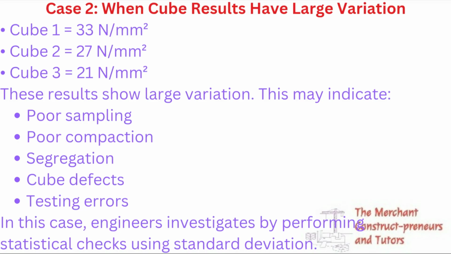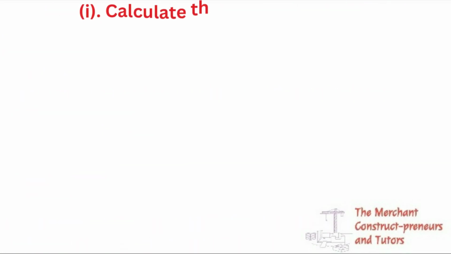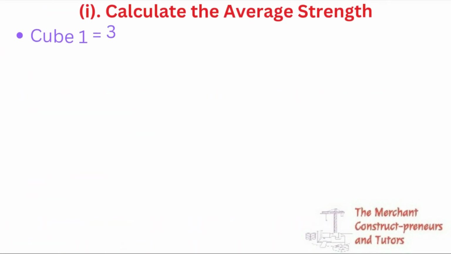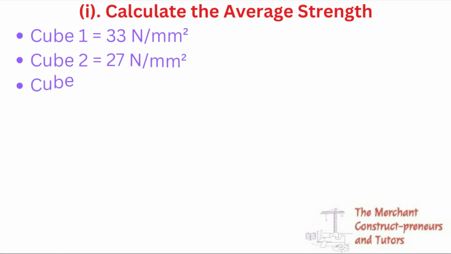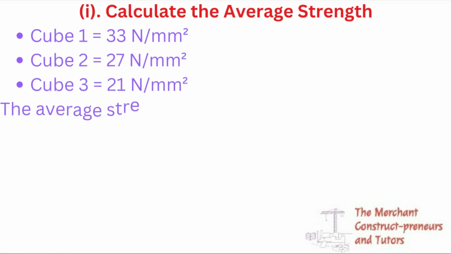You need to run a statistical check to be sure there are no problems like poor sampling, curing done anyhow, cube defects, testing errors, and so many other things that might have made the cube results inconsistent.